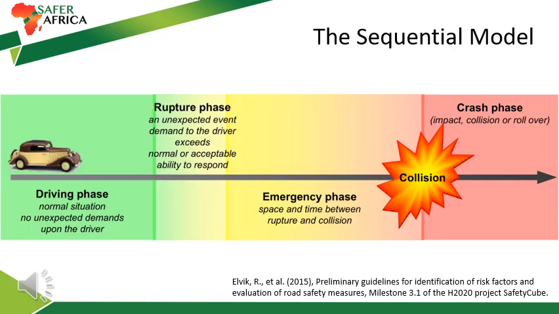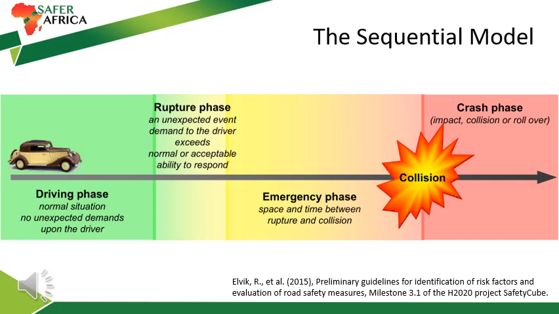Let's have a closer look at a crash causation model. The sequential model is one of the most used models for accident research activity. The crash is considered as a sequence of events and is divided into four phases: the driving phase, the rupture phase, the emergency phase, and the crash phase.